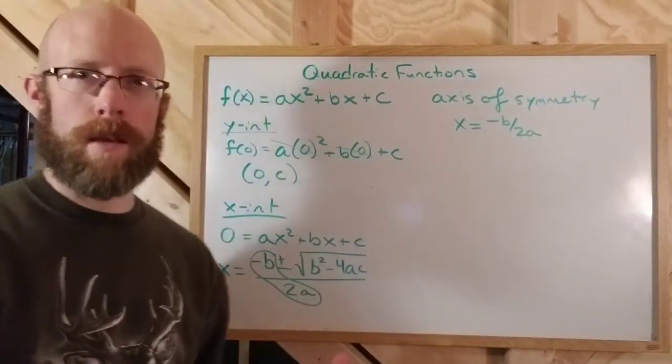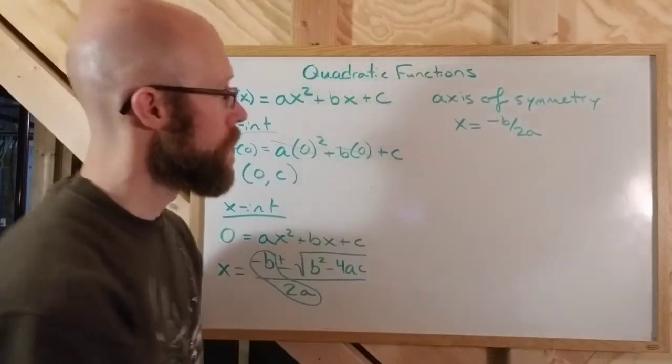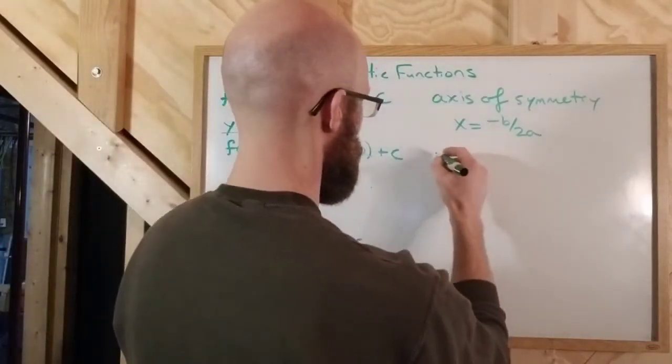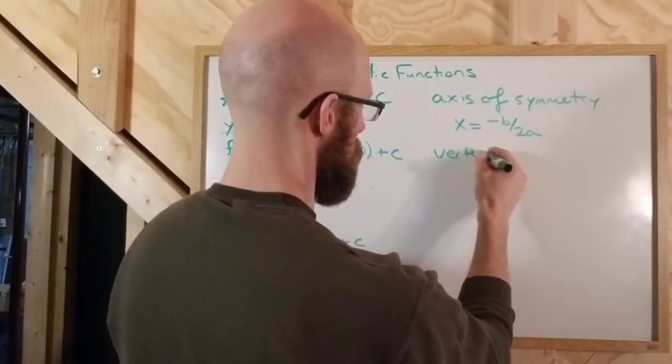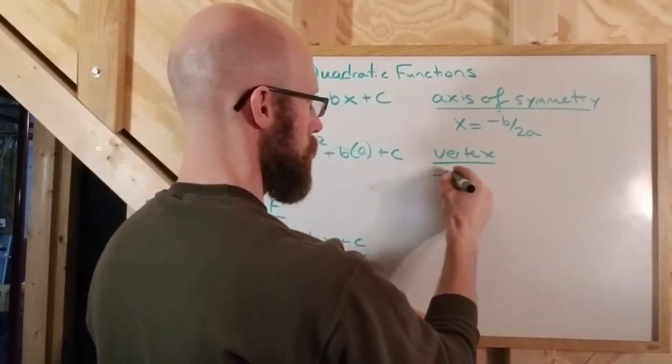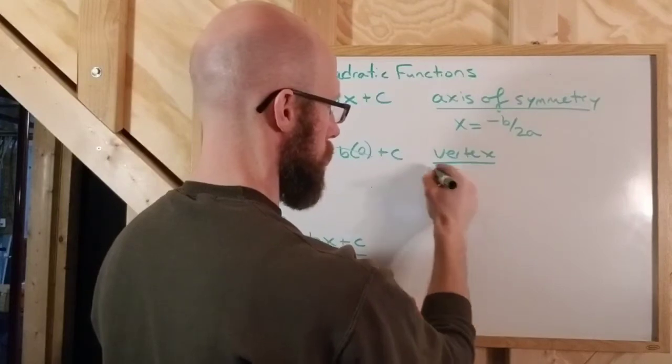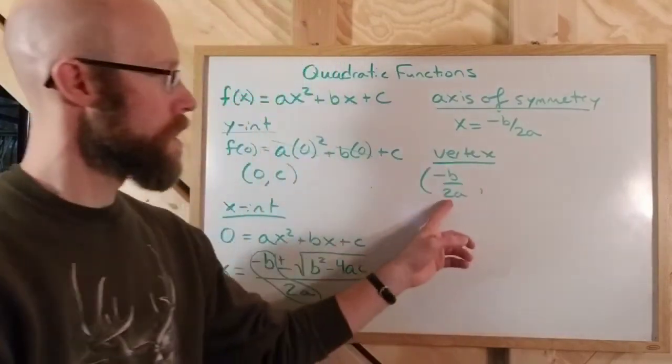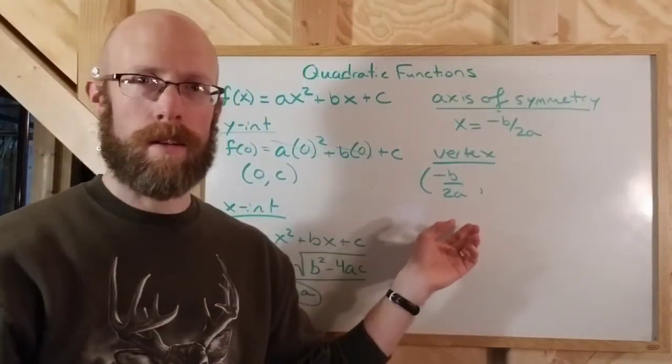Okay, it's that same value. The vertex is going to be negative b over 2a. That's your x coordinate, right? That's what lands on the axis of symmetry.